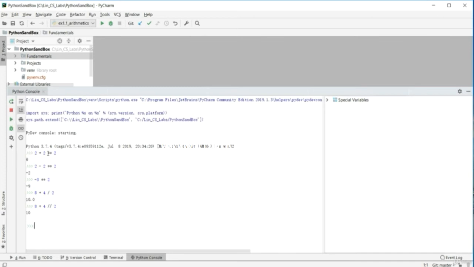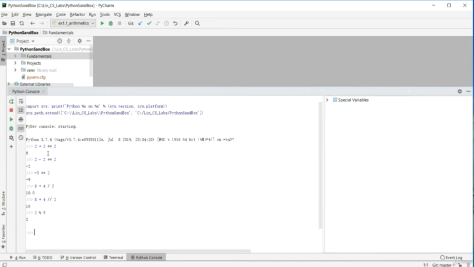Now let's take a look at the last operator, modulo. 2 modulo 5. Basically this gives you the remainder of 2 divided by 5. So obviously it is 2. Now what about if I do this? 3 plus 2 modulo 5.